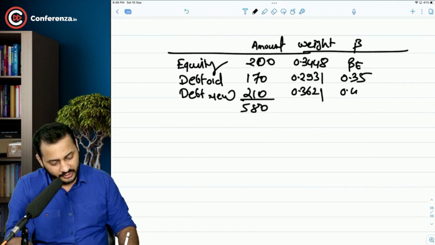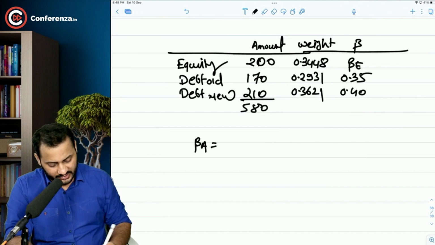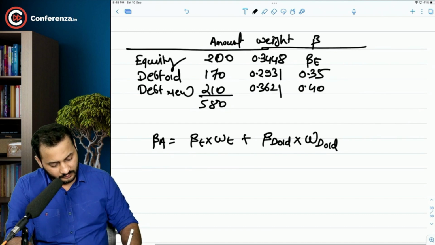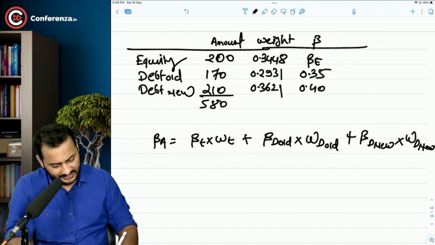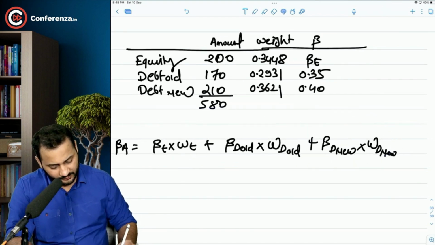That's it. So can we calculate the asset beta is equal to equity beta into weight of equity plus beta of the debt old multiplied by weight of the debt old plus beta of the debt new multiplied by weight of the debt new. It's the same formula, sir. The concept will not change.